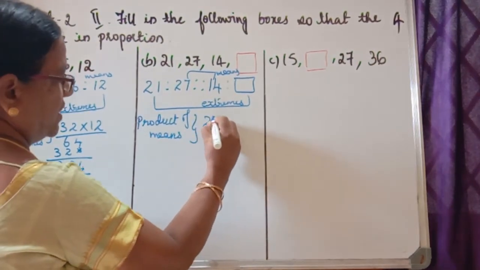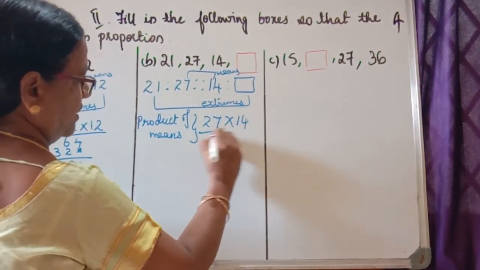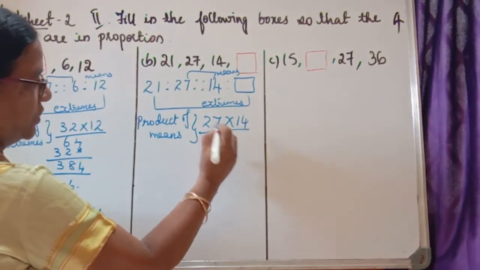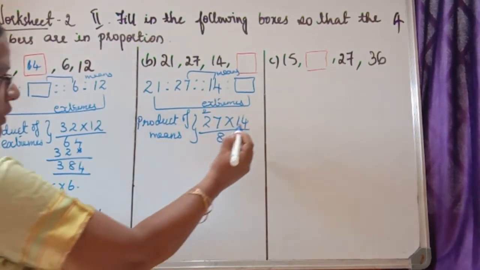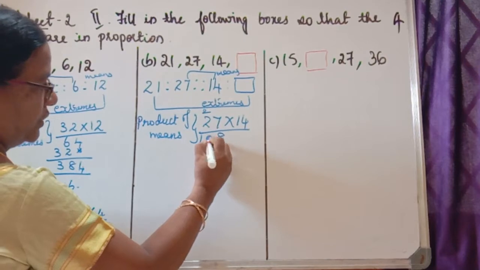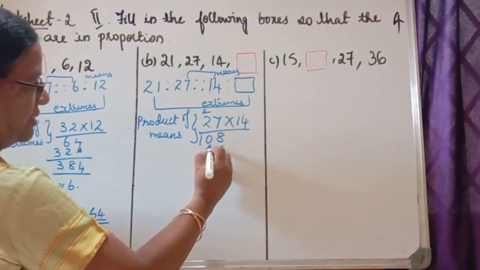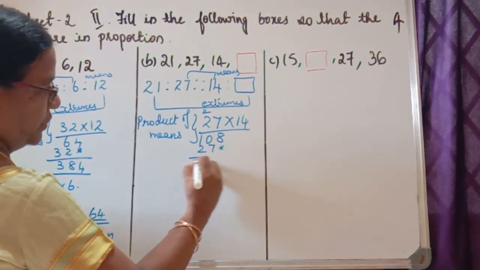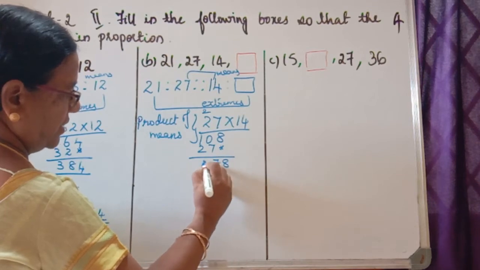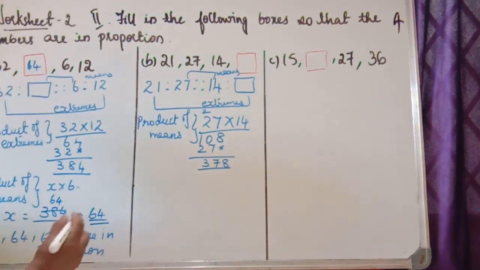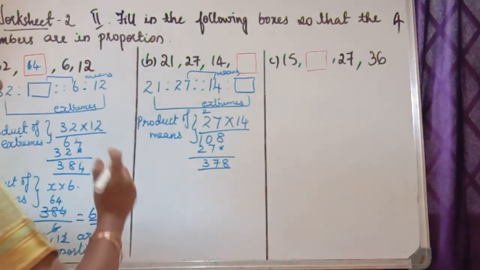What is that? 27 into 14. 7 4s are 28. Remainder 2. 4 2s are 8 plus 2, 10. 7 1s are 7 and 2 is 2. 378.